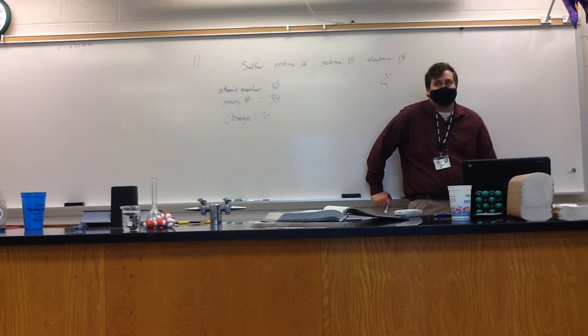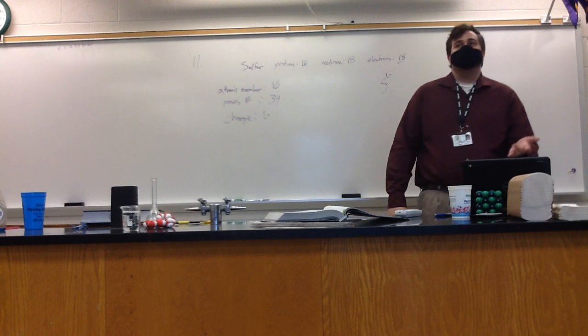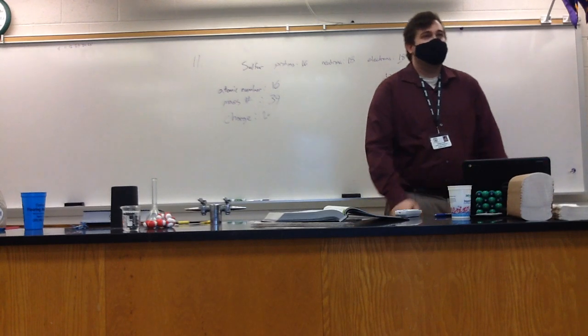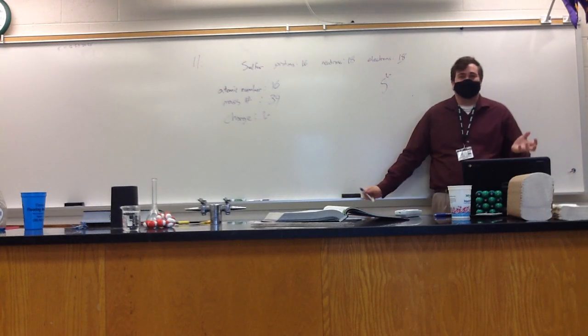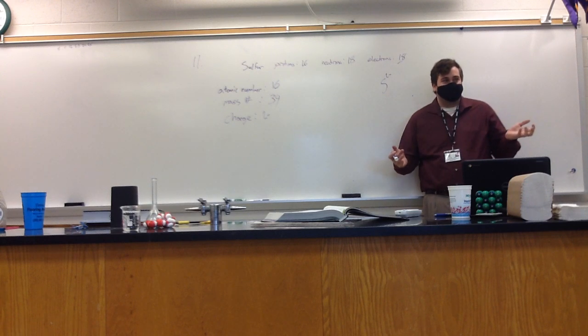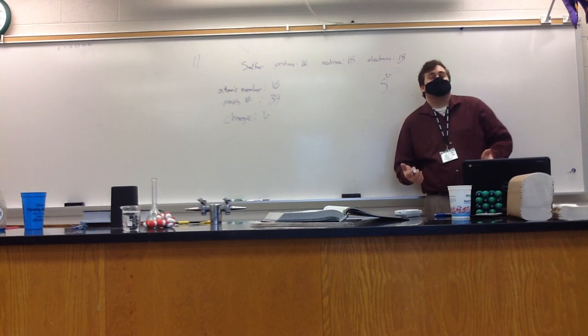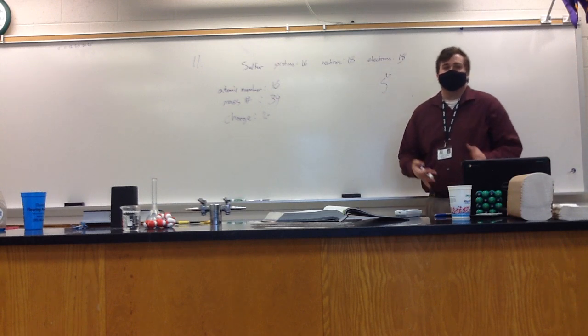Even the most common isotope of an element that you'd see in nature is still an isotope, right? Carbon-12 is way more abundant than carbon-14, but carbon-12 is still an isotope of carbon. It's just that we see that isotope way more often.